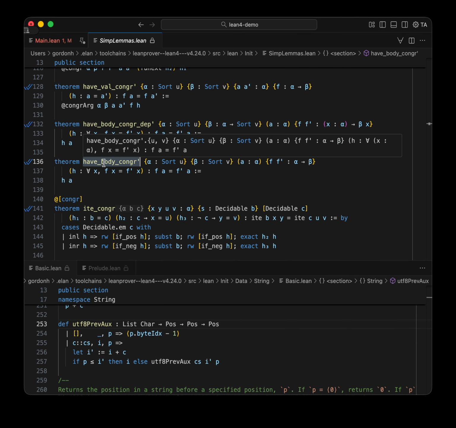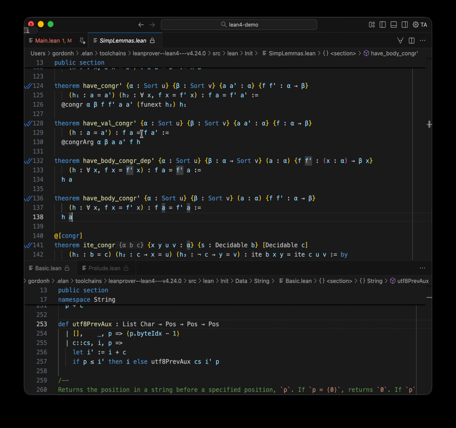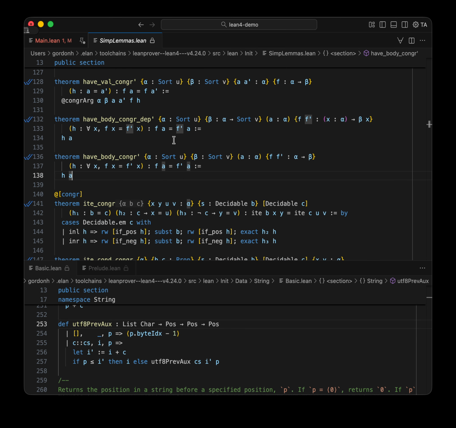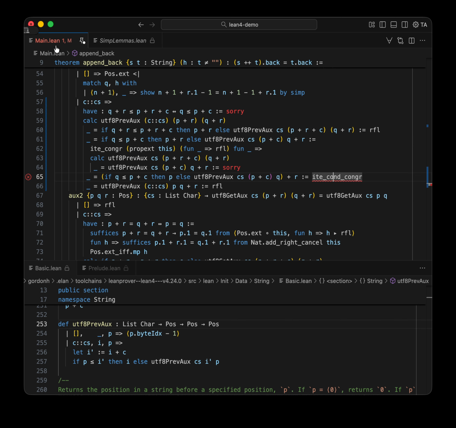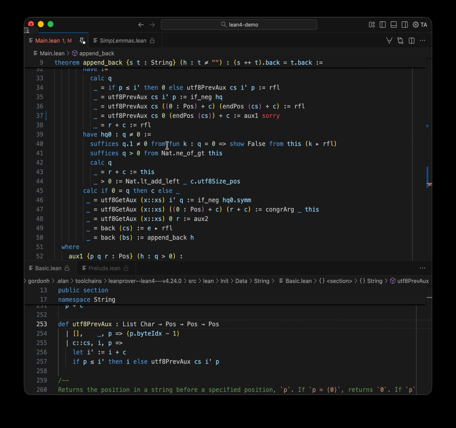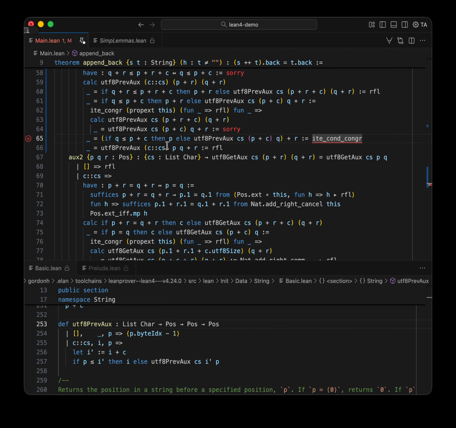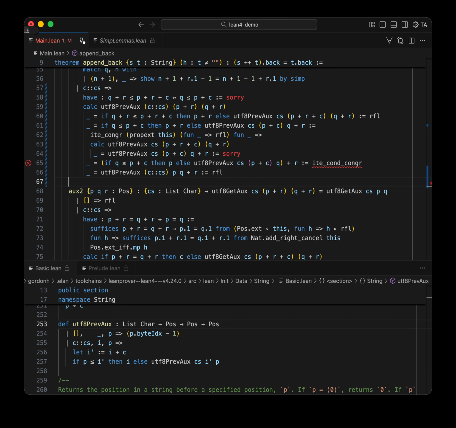Something having the body being equal, but having a function applied to both sides, but inside both branches of an if expression. Man, it's getting too big. Okay, give it a name here.